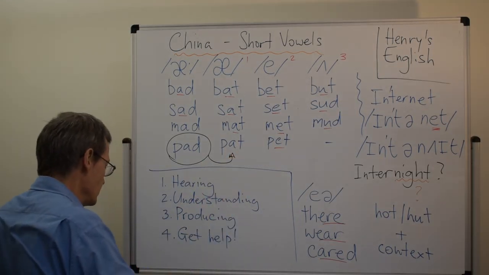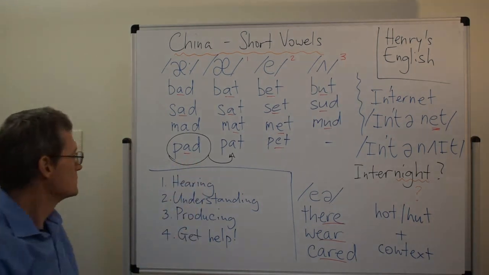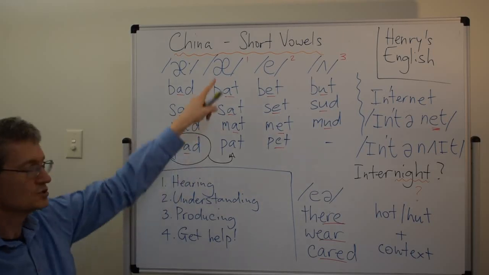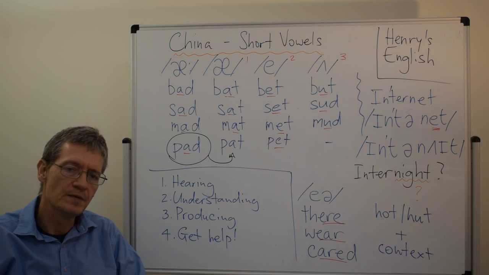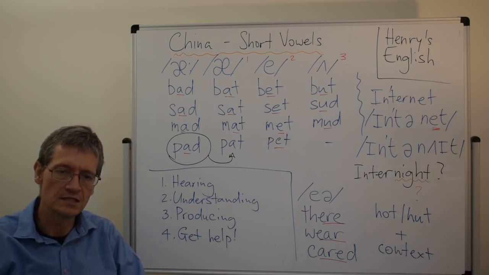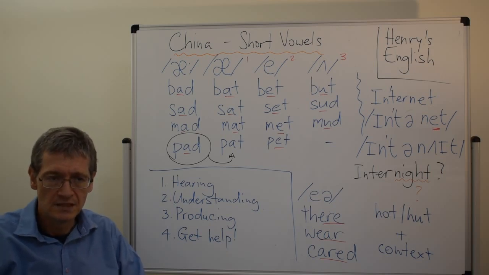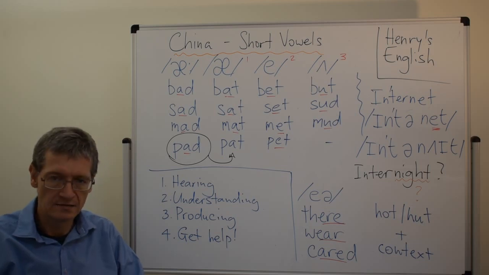This A sound here is actually a short vowel sound, pad. So this is a bit of a problem with English pronunciation. It's not consistent with the spelling. So English is often, it's a guide.